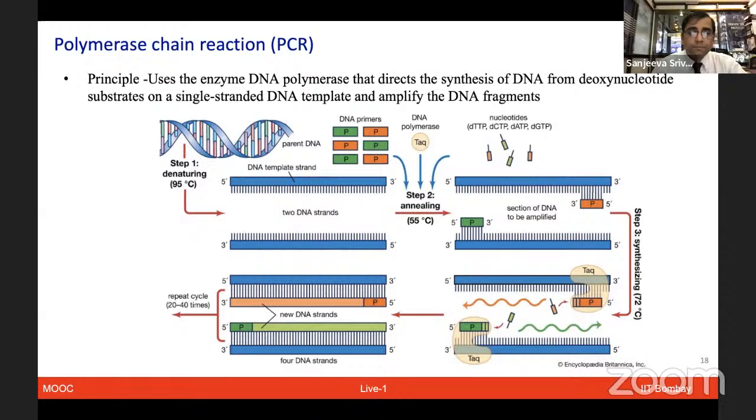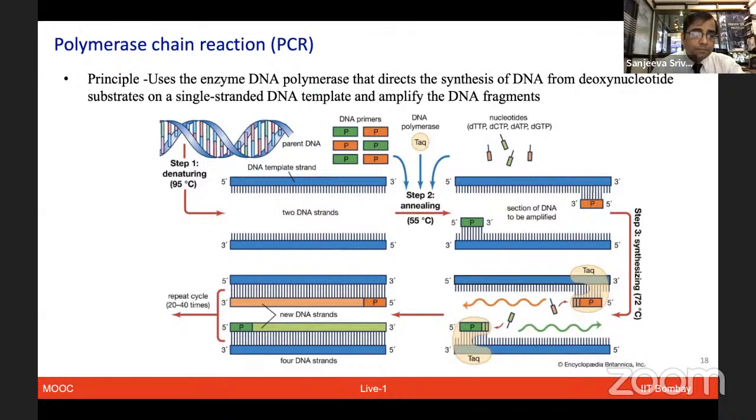So step 1 is denaturing, where the two strands of DNA separate at a higher temperature, like 95 degrees centigrade. Then comes the annealing step, where at around 55 to 60 degrees Celsius, both of the primers bind to both of the strands of the DNA.